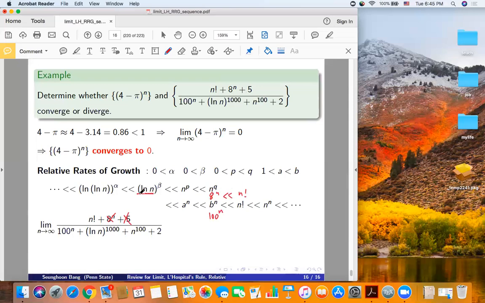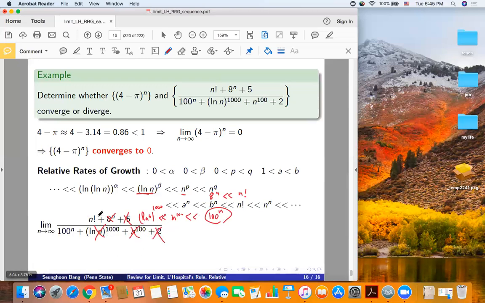The ln function is here, and n to the 100 is here, so n to the 100 is slower than ln of n to the 1000. This is the fastest one, and you have to ignore the slow one.